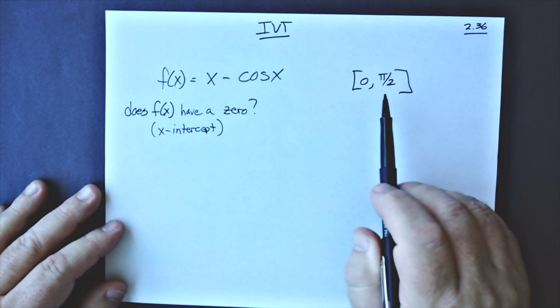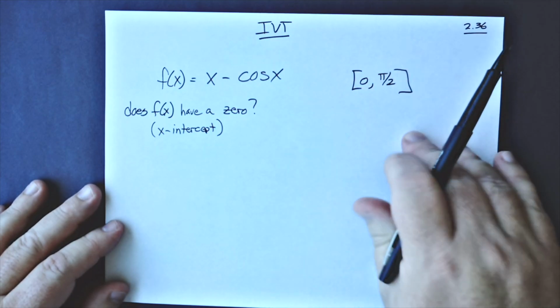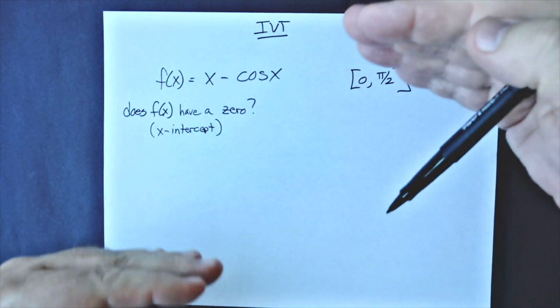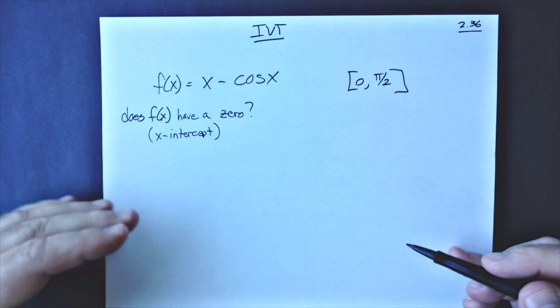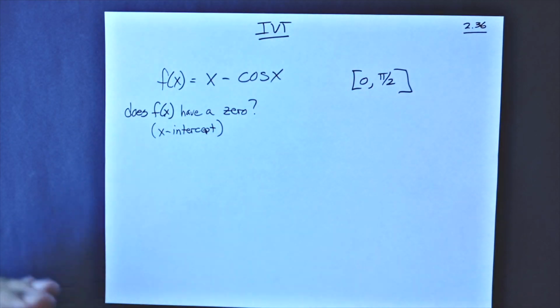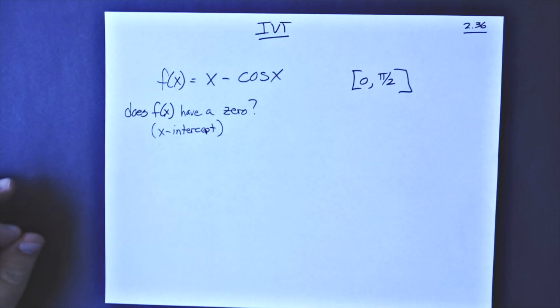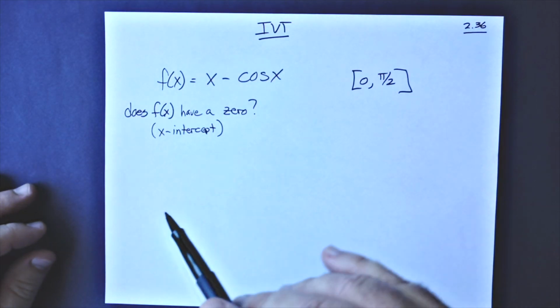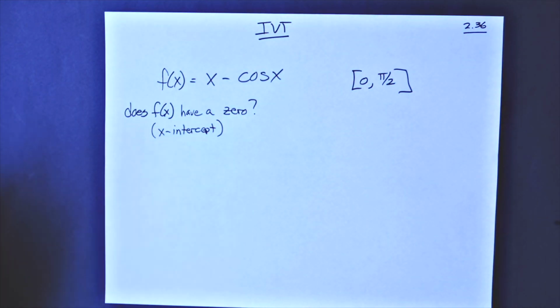If you remember that. So we're going to test this end of this interval and that end, and that'll get us some y values. So in this case, we're asking if there's a 0. So I'm hoping that one end will be a negative value, the other end will be positive, and then we can confirm that, yes, to go from negative to positive over a continuous interval, you have to cross 0, right?